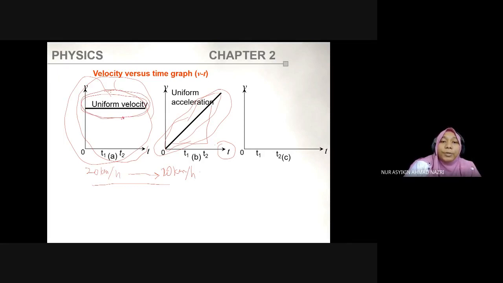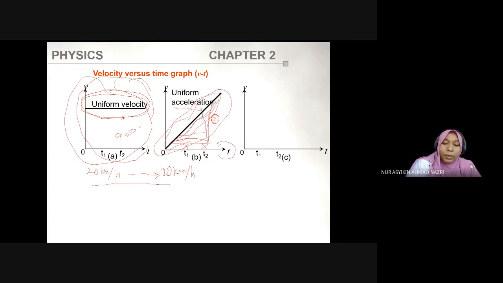Means that for the uniform velocity case, the acceleration equals 0. Banyak cerita yang boleh bercerita daripada graph ini. Many things that you can explain. Okay, uniform acceleration. Why? Because we only have one gradient here. So this gradient showing that this motion involves uniform acceleration from time 1 to time 2, sama je acceleration dia, tapi velocity dia bertambah from time to time.